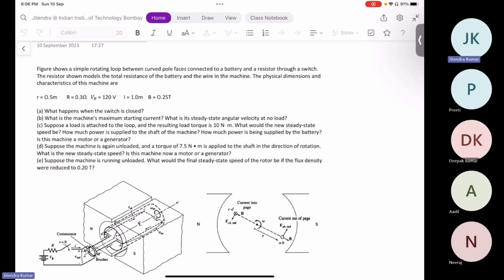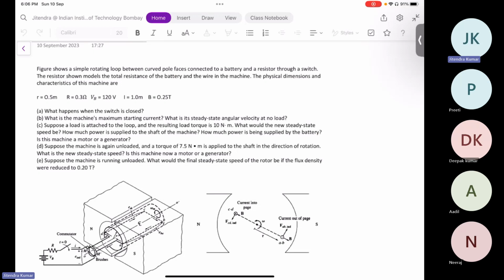Okay, so I hope you have read the problem. Here it is asked what will happen when the switch is closed. From the figure, it is not clear whether this machine is a motor or generator.